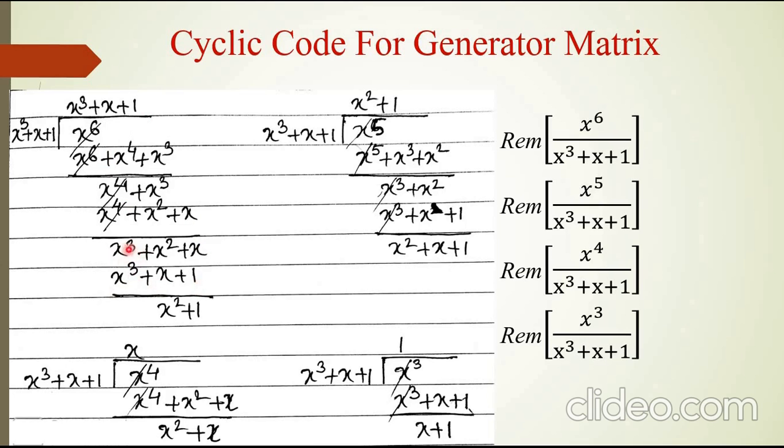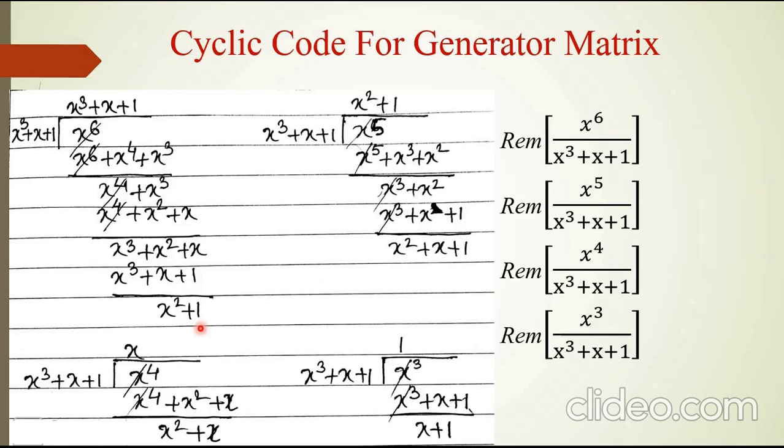In modulo 2 addition, x cube and x get cancelled, so you will find the remainder is x squared plus 1.